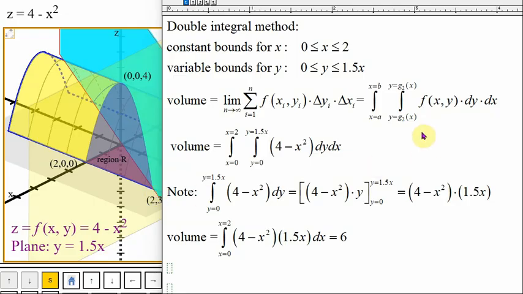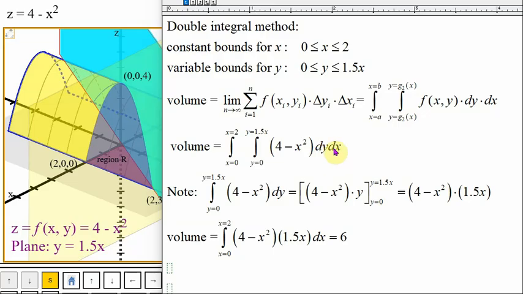And so to set up the double integral, the x will go from x equal to 0 to x equal to 2, and then the y would be this line, which is the line y equal to 0, up to this line, which is the line y equal to 1.5x. And then the height function, that's the function z equal to 4 minus x squared. So we have 4 minus x squared.